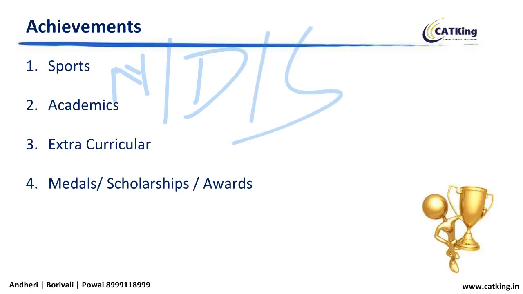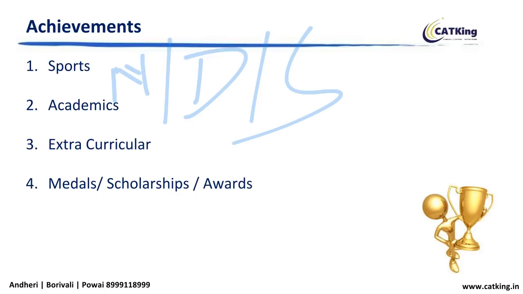If you have played something, won some achievements, make sure you write them, preferably the higher level first, and the description if you have won something. But if you have participated in a national also, you can mention that, because that itself is an achievement. Participating in school level, college level is not going to be an achievement, but winning there is definitely an achievement.